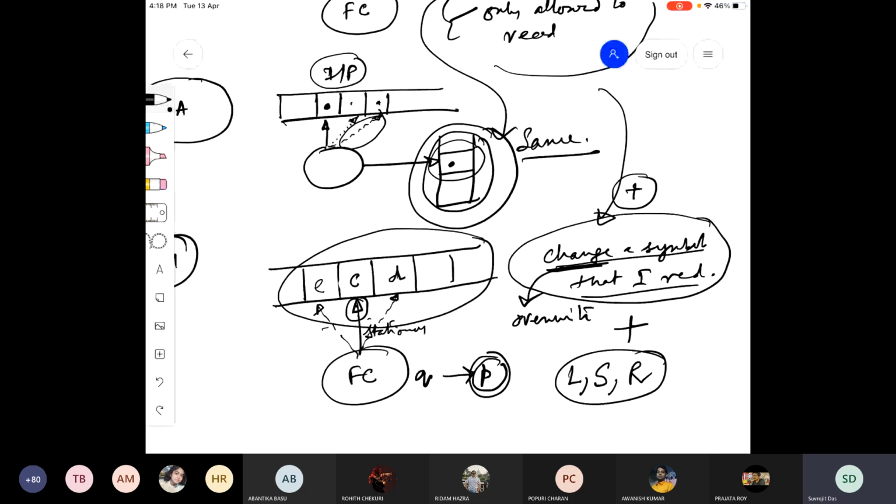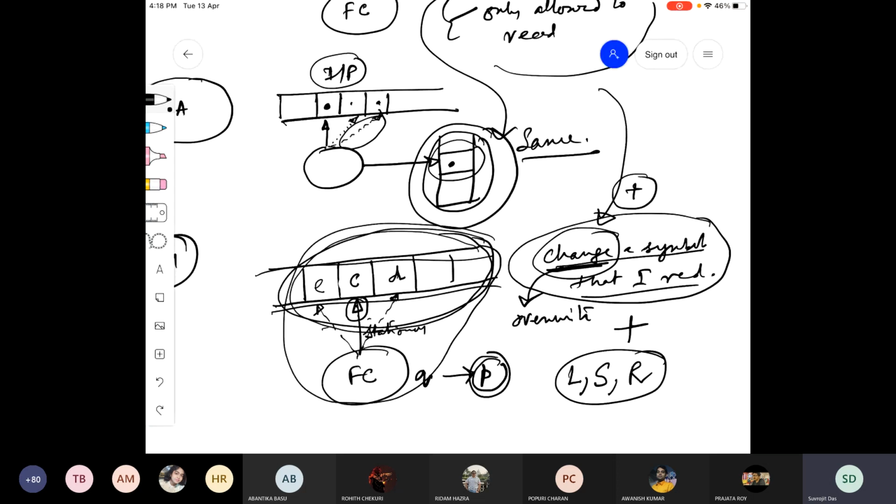So if you allow the head to move left, right, or remain stationary, and if you allow to change a symbol, do you have a feeling that you are actually emulating the stack power within the tape only, right? Agreed or not? Not only that, you are emulating the stack power, you are emulating multiple controls on multiple stacks at the same time.